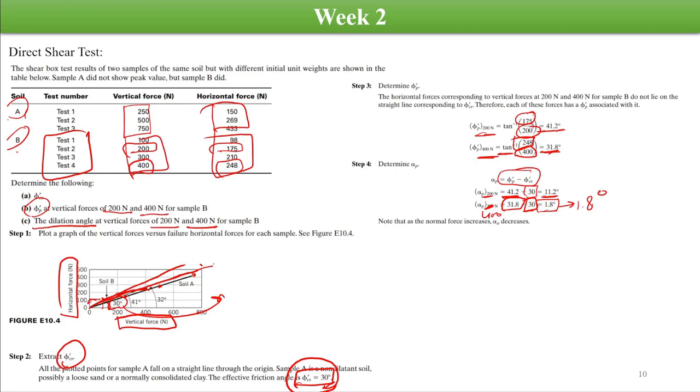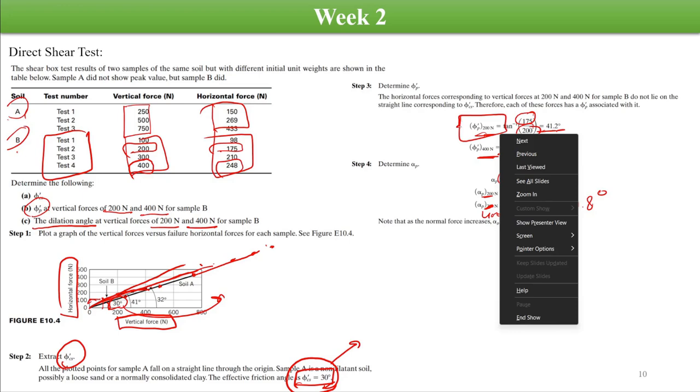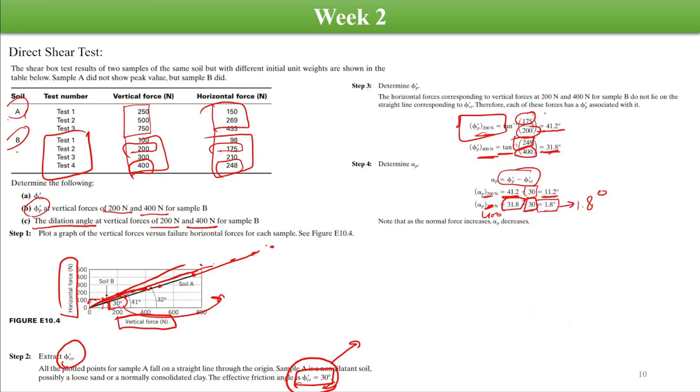If more tests are performed, they will always lie on this line or a little bit here and there. Okay. So the critical state friction angle is not dependent on the normal stress, right? But the peak shear strength angle is dependent on the normal stress that is applied, the 200 here, 400 here, right?